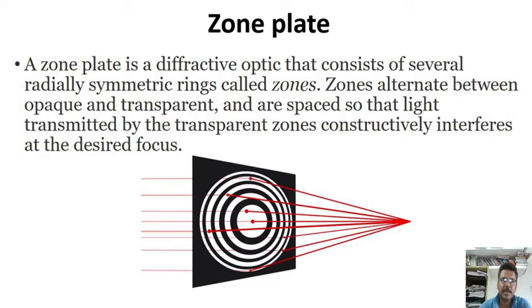You see 1, 2, 3, like that, symmetric rings called zones. Zones alternate between opaque and transparent, and are spaced so that light transmitted by the transparent zones constructively interferes at the desired focus.